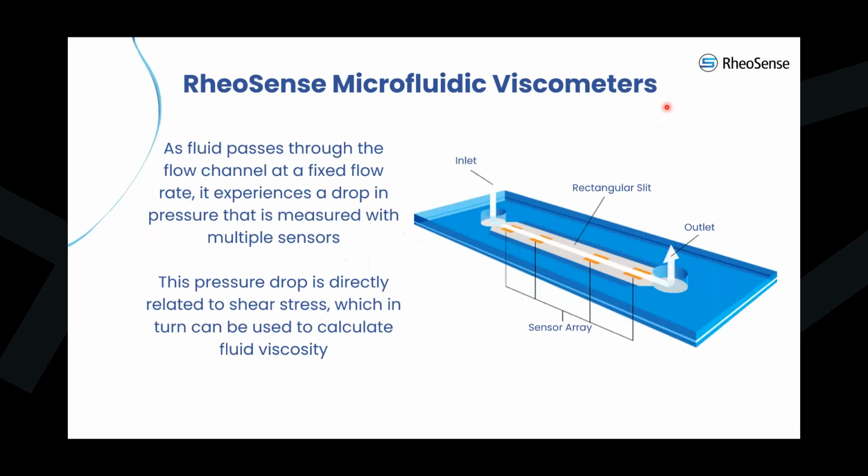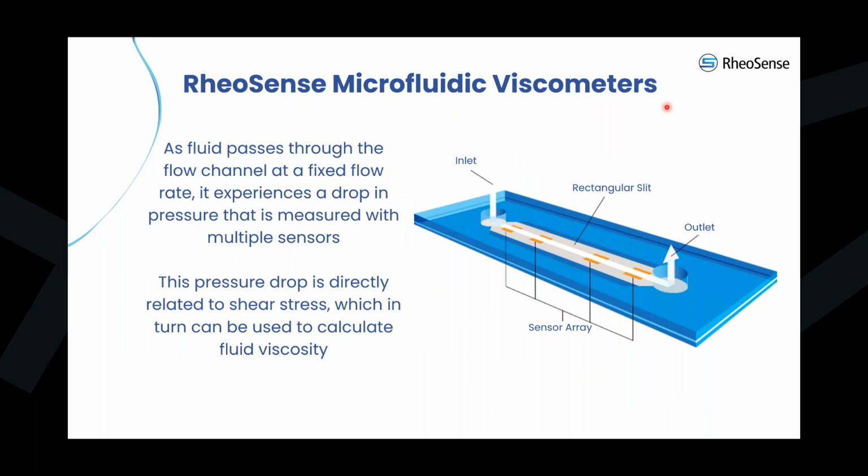So with that in mind, and now that we have seen the limitations of traditional viscometers, I would like to introduce a solution that overcomes all those challenges, the RheoSense viscometer. This system uses a microfluidic flow channel, and here is how it works.